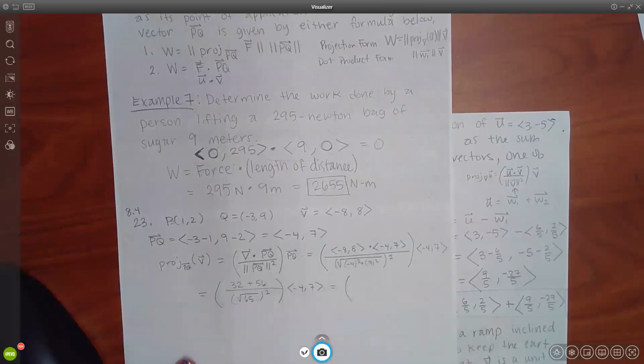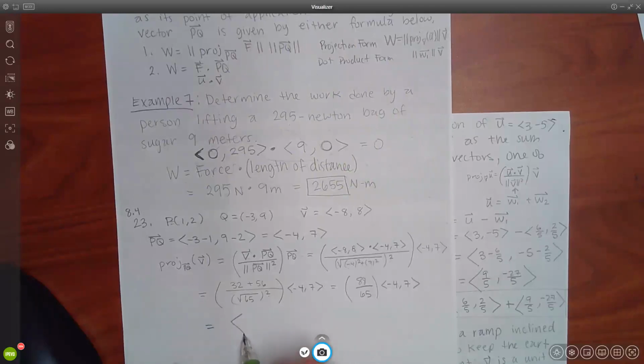And so then we have 32 plus 56. That's 88. The square root and the square go away. And so then if I multiply 88 over 65 times -4, I get -352 over 65.